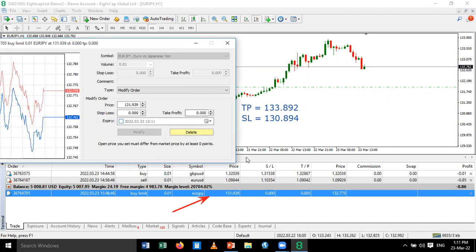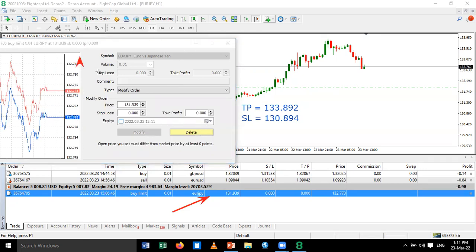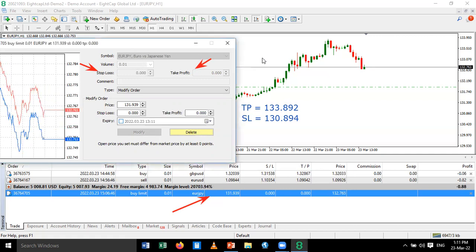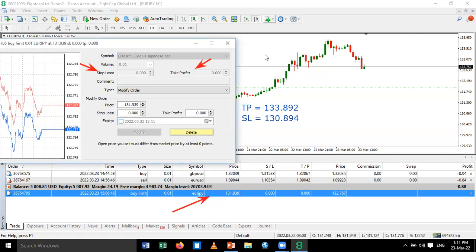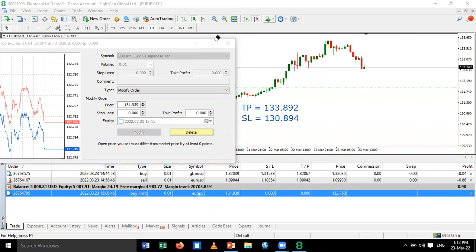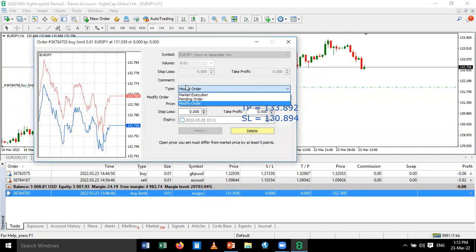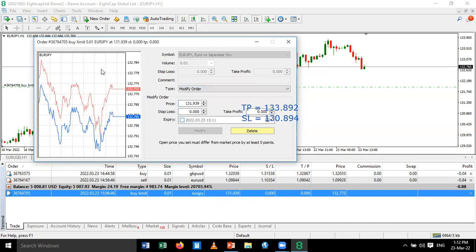You can see where I have my stop loss right here. Take profit is here. So I put in the value for my stop loss and the value for take profit. Let me go ahead and do that. I'll go to modify first to modify my order.